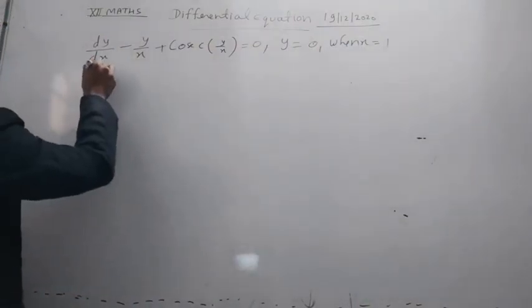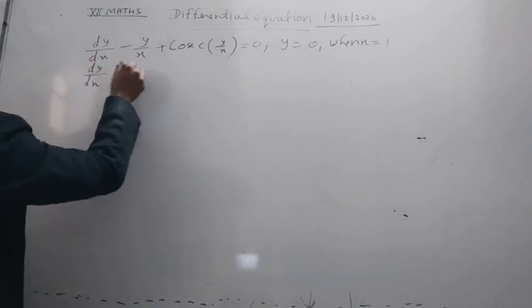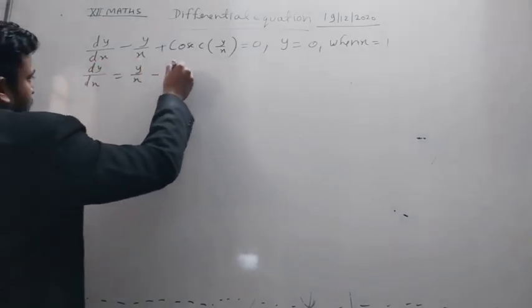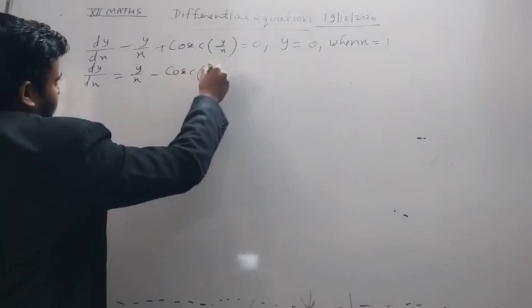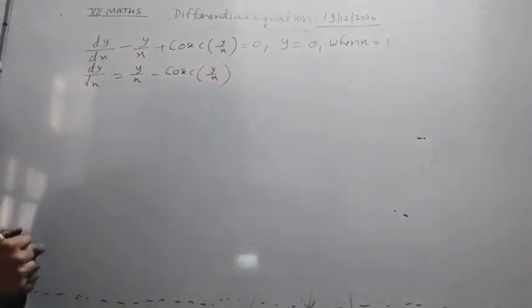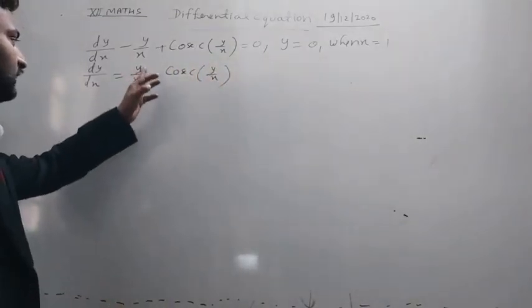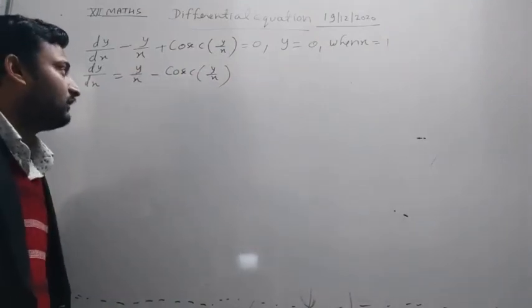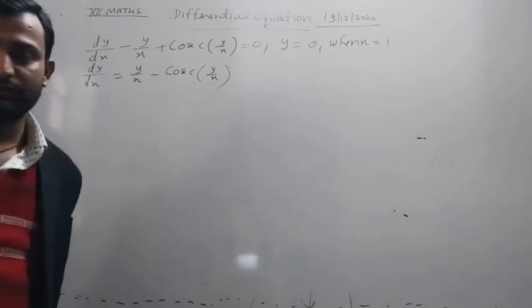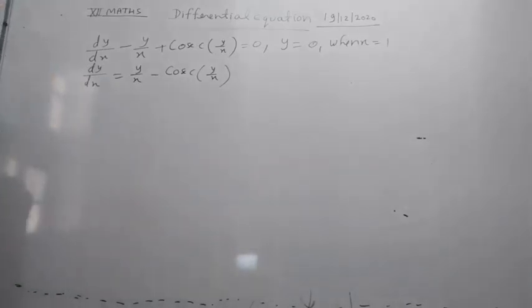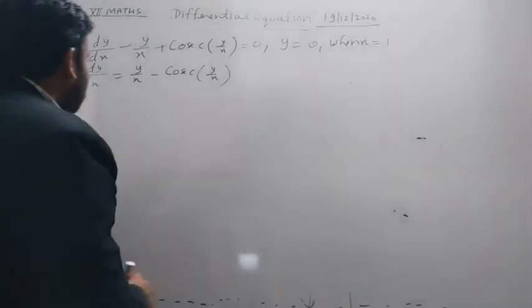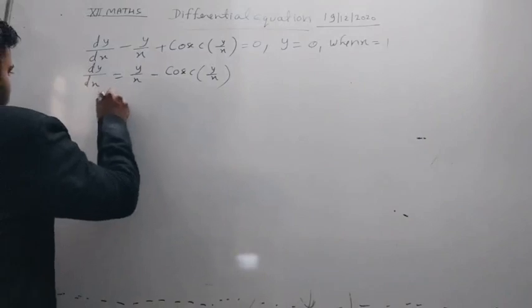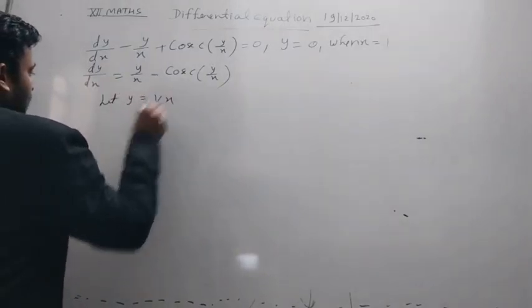So we can write this differential equation in the form like this. Now we see that after putting y as lambda y and x as lambda x, its degree is 0. So we can say that this is our homogeneous differential equation. So we let y is equal to vx.